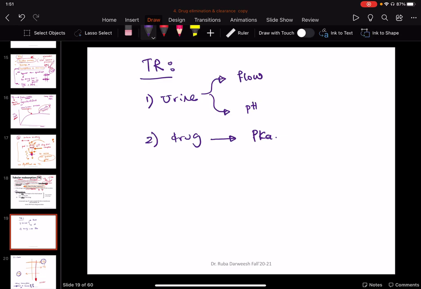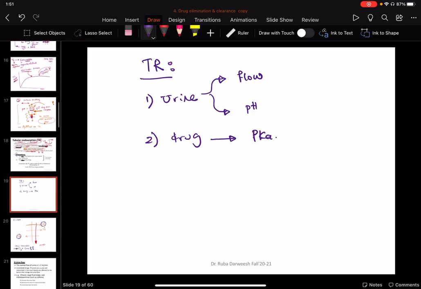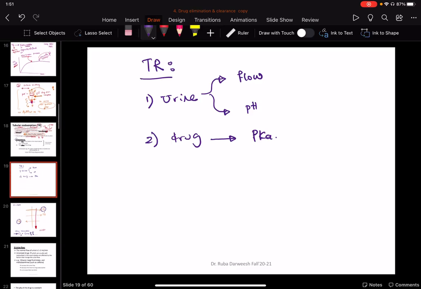The ionization state would affect transport through membrane whether it's linear or non-linear, but we will discuss the effect of ionization on linear or passive processes.